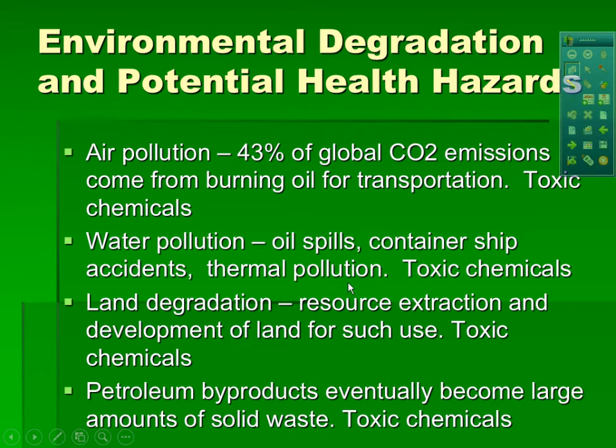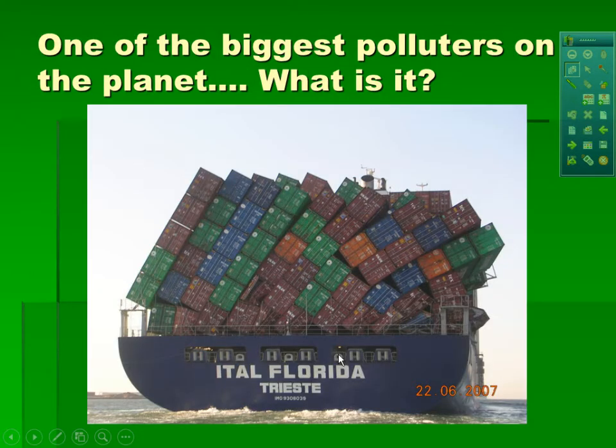We're going to have our guest speaker come in and talk about that right after spring break. Land degradation when they're mining for this stuff. And then the byproducts are producing a lot of solid waste as well. Okay, so biggest polluters on the planet is transporting this stuff. So if we didn't have to transport it everywhere, our costs and our fees and everything would go down dramatically.